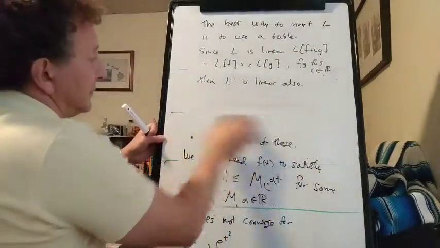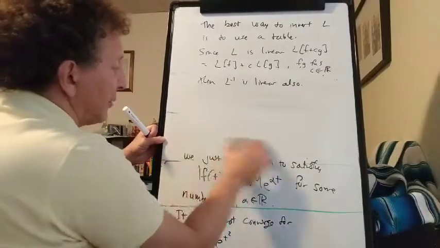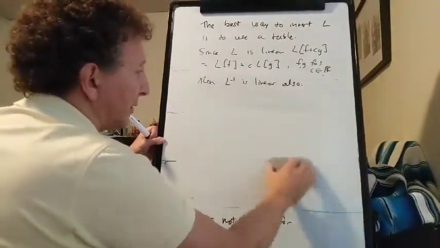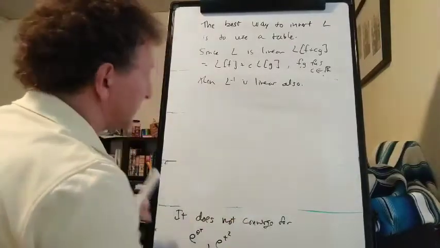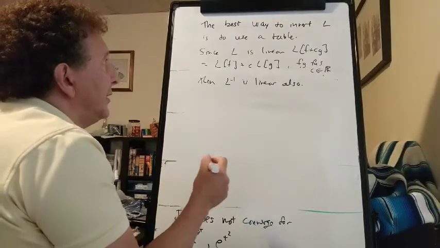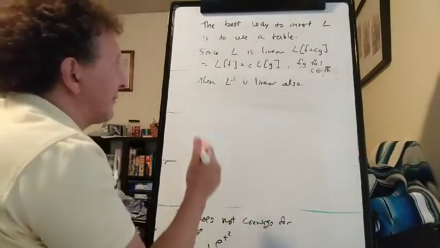So let's draw a table of what we know about Laplace transforms. Because the inverse of a function is just whatever it takes to get that function.